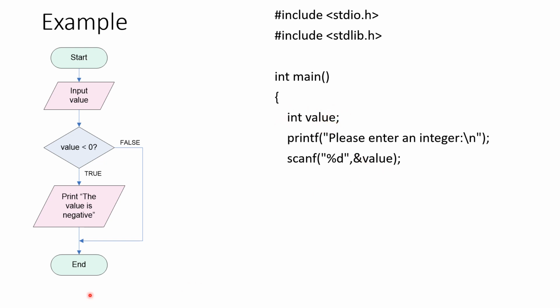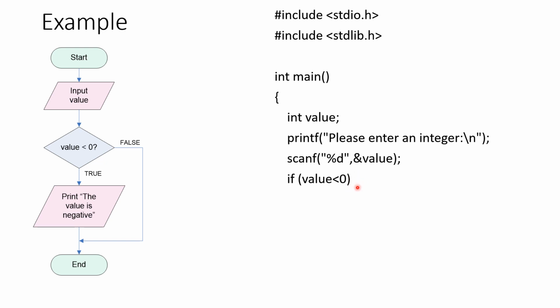Okay, and next is to execute this condition checking, and then proceed with our if block. So we test, is the value less than 0? We put if, and then value less than 0. Remember there's no semicolon here.